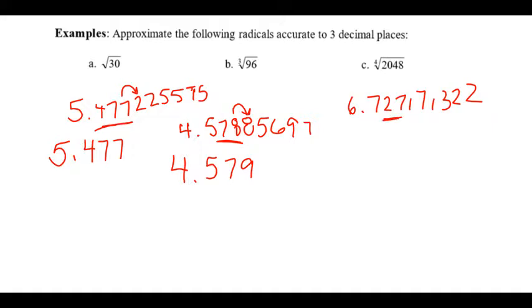So there's a 1 next to my 7, so my answer is going to be 6.727. And if you're not sure how to use your calculator, I will create another YouTube video for you guys where I show you the calculator and how to use it, so that way you know for sure. So look for that video as well.